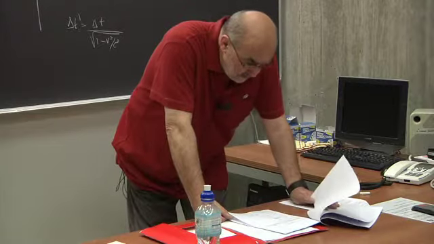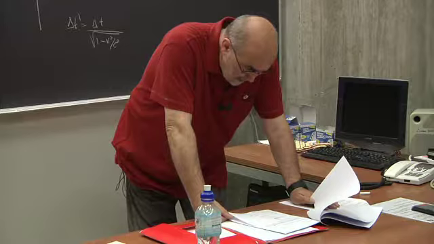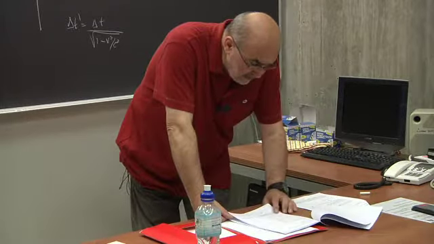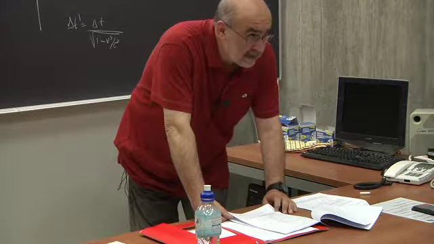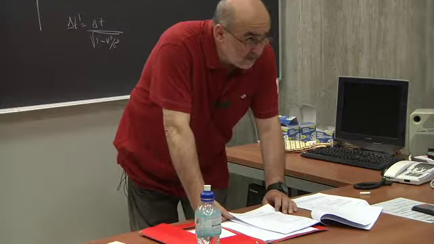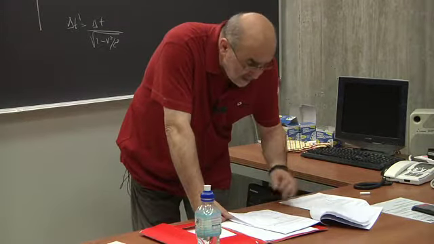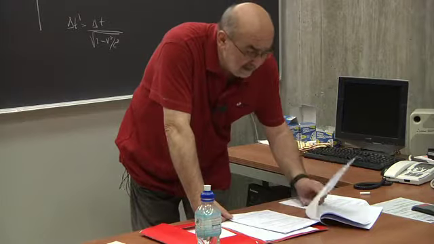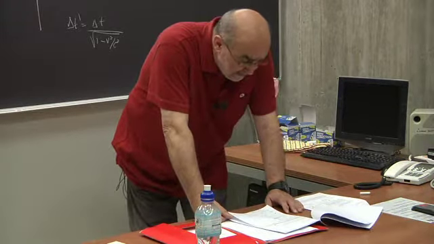Here in the contraction of length, I only show that length in a moving frame looks contracted with respect to the rest frame. Where do they talk about invariant length? Here I don't talk about invariant length.